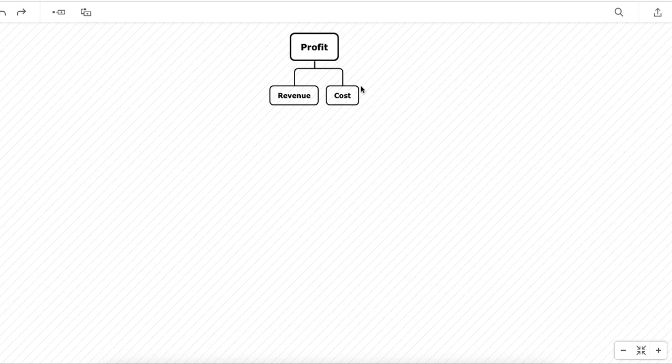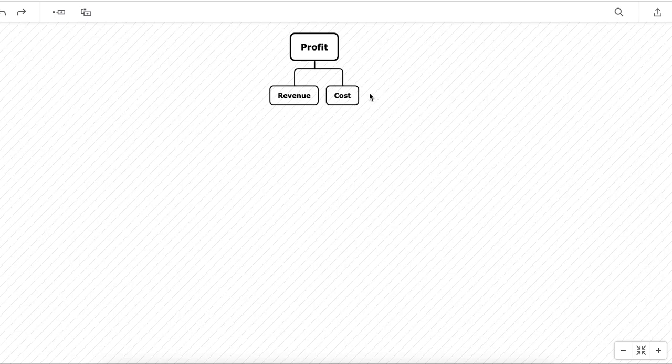So let's say we follow the revenue line of logic. Whenever a profitability case is given to you, you disintegrate the top profit into revenue and cost. Try to gauge whether revenue is higher or lower, cost is higher or lower.